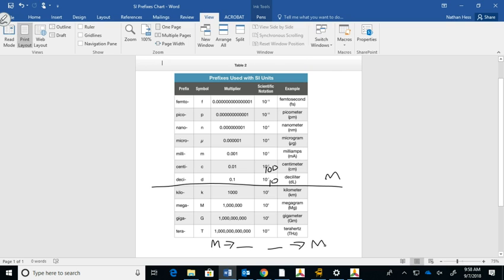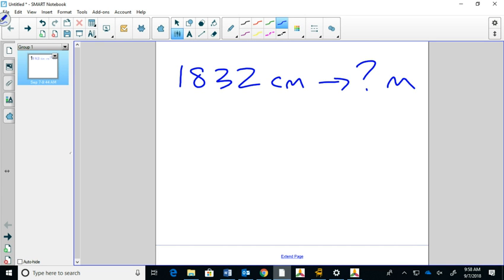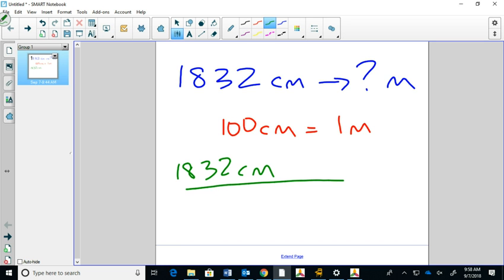So, back to our example. We know that there are 100 centimeters in 1 meter. The way that makes the most sense to me is to use it just like I taught you in chemistry, where we're using our skeleton and putting things on top and bottom based upon what we're going from and what we're going to. So 1832 centimeters. What's going to go on the bottom?